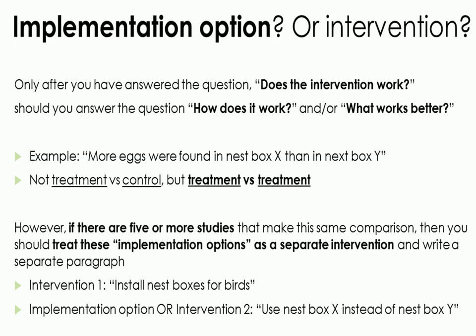We're not looking at the nest box versus a control, which is some absence of a nest box. But we're looking at nest box design X versus nest box design Y. So really this is a treatment versus a treatment. This is what we've been calling implementation options. This tells you about how you might install a nest box, not about whether installing a nest box would work. It's great information, but it should be a secondary category of information. It should be a secondary priority when you're writing up your paragraph.